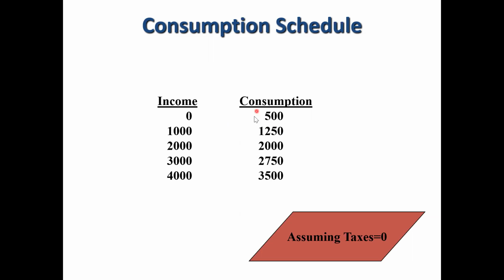This consumption is called autonomous consumption, which is 500. As we increase the income by 1,000, the consumption increases by 750. Income then increases to 2,000, 3,000 and 4,000. As income increases, consumption increases.